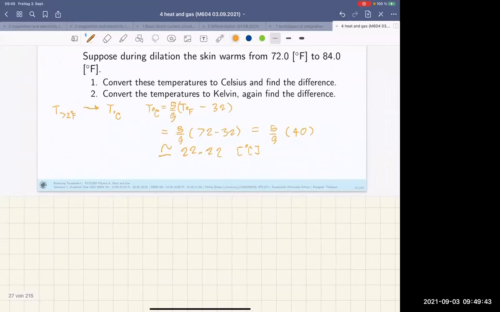Next is 84. So T in Celsius is 5/9 of 84 minus 32.